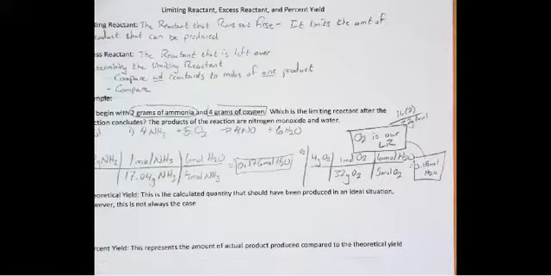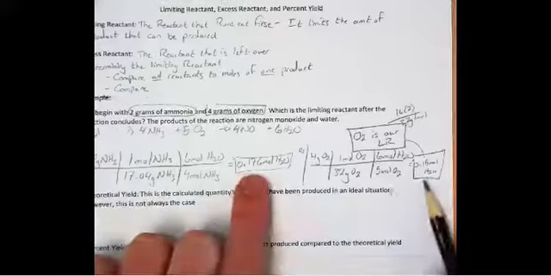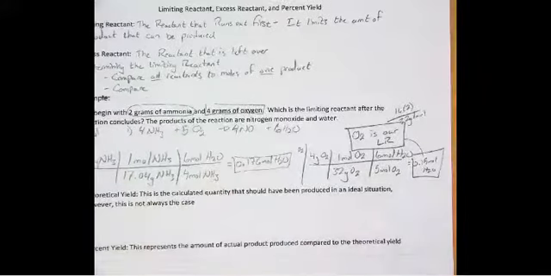Had we run the exact same calculations and converted to nitrogen monoxide, would we have ended up with the same answer? Well, the numbers would have been different. However, we still would have run out of O2 in producing our nitrogen monoxide. So either way works.